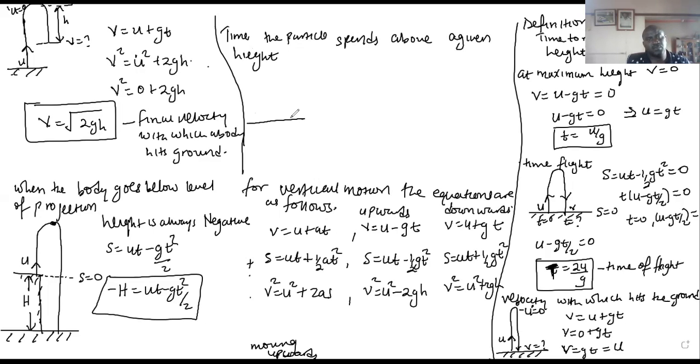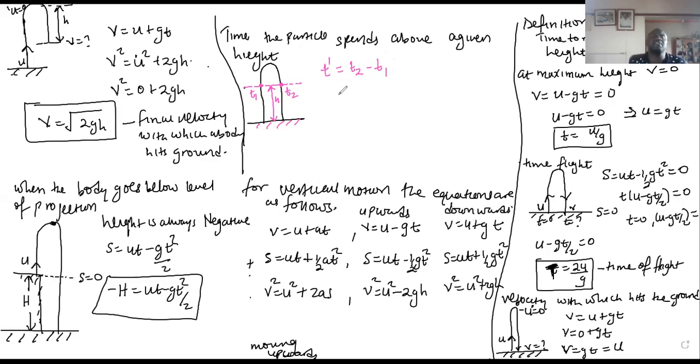In that sense, we can look at an illustration like this one. If a particle is around here and it has taken time t1 to reach this height h, then it comes back to the same height after a time t2 from the level of projection. Then the time it spends above would be t', which is t2 minus t1.